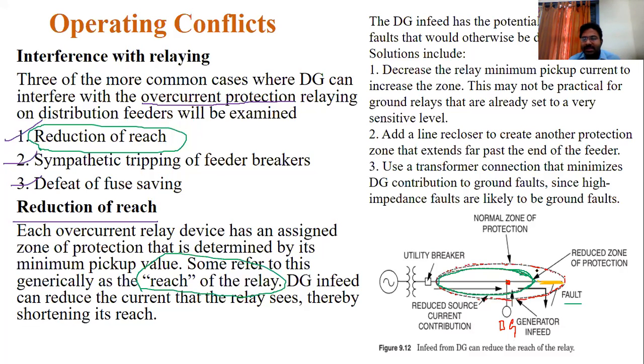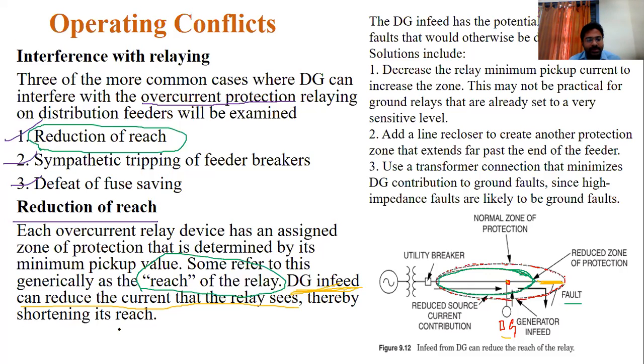So what is the reason why this area is reduced? Our question is that we are going to learn how this area is reduced because of adding this DG. Because of adding this DG to this area, the current range the relay identifies is reduced. The DG infeed can reduce the current that the relay sees. This is the important point.